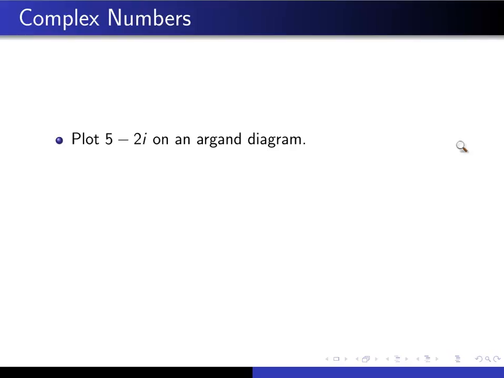Remember, an Argand diagram, instead of an x and a y axis, you have a real axis and an imaginary one. So we just plot the point 5 minus 2i. Then multiply i by 5 minus 2i, you end up with 5i plus 2. Now plot that on the Argand diagram.